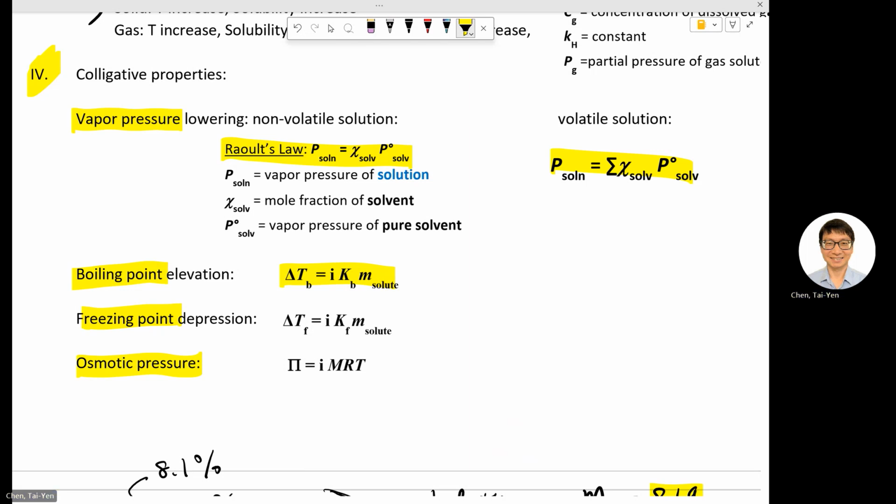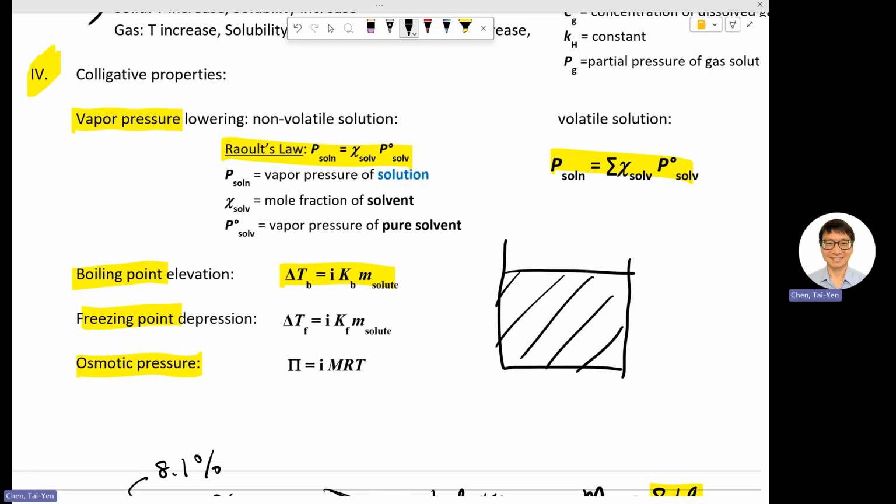So these properties are all related to the effect of those particles. One thing that you should have in mind is that inside your solution, when you talk about the vapor pressure, boiling point, freezing point, and osmotic pressure, this is the property of your solvent or solute?